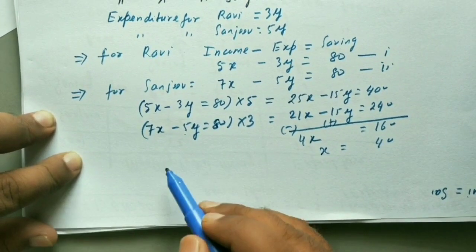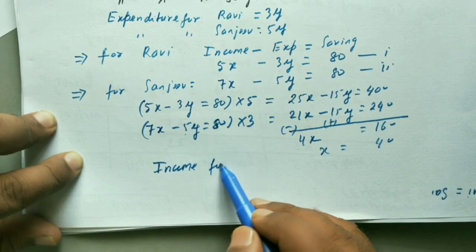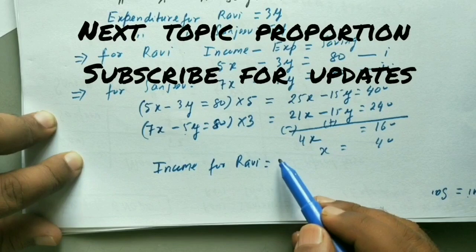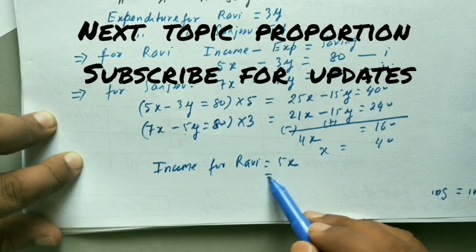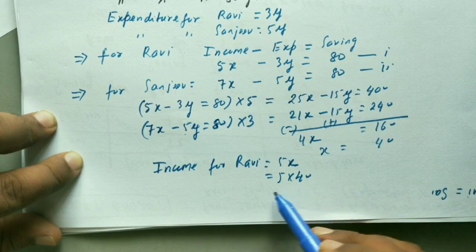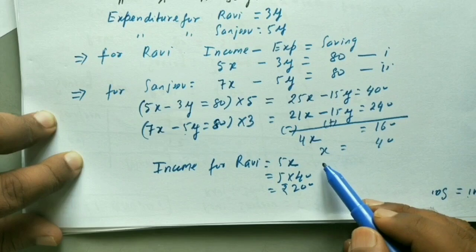Therefore, the last step, income for Ravi is 5x, 5 into 40. That is rupees 200.